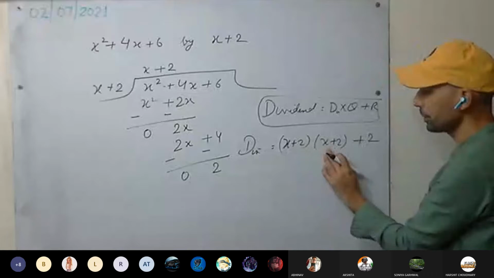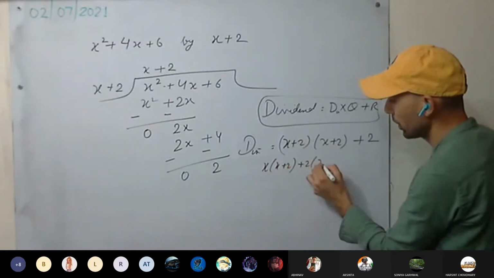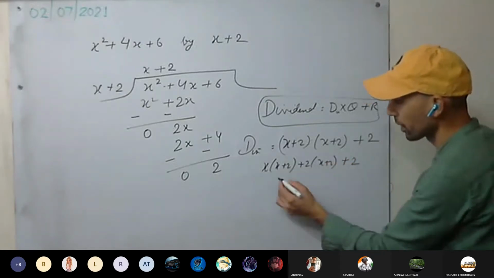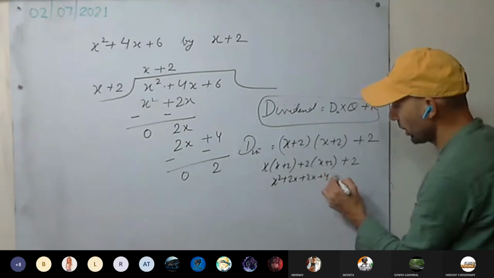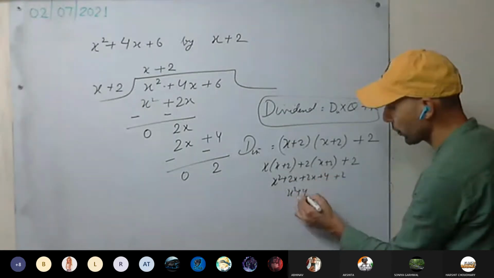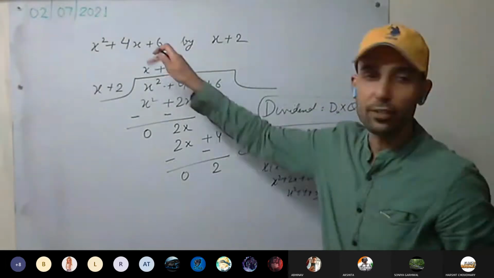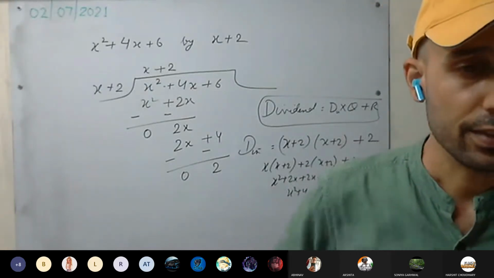First multiply them: x square plus 2x plus 2x plus 4, plus 2, gives x square plus 4x plus 6. You are getting the same dividend. That means you have done it correctly. We have verified our answer.